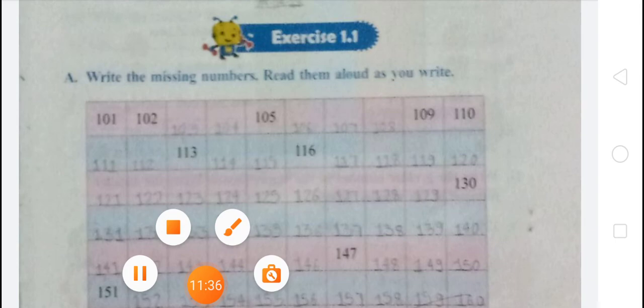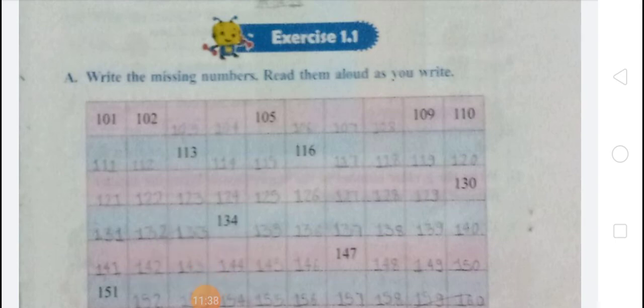Firstly, you have to write the missing numbers and read them aloud as you write. So there is 101, 102.